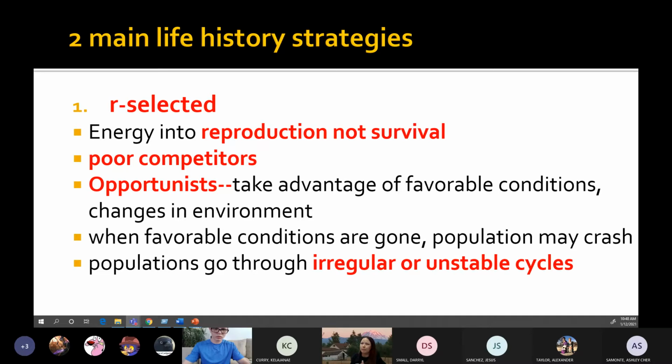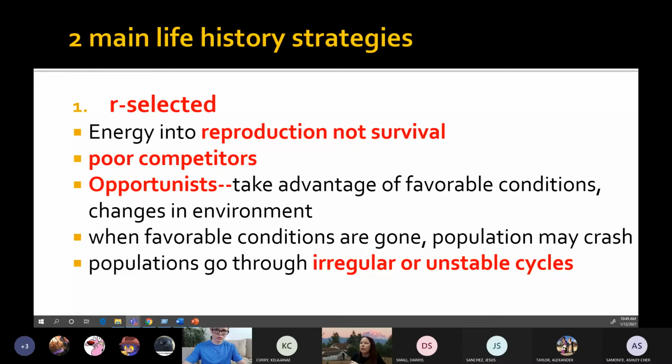It's just purely about reproduction. They're very poor competitors, so they can get taken out really quickly. They're typically what's called an opportunist, which takes advantage of a favorable environment. And that tends to be when you see them populate a little bit out of control.